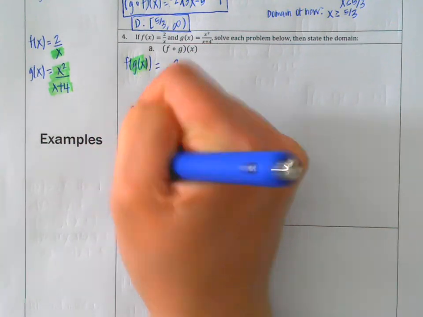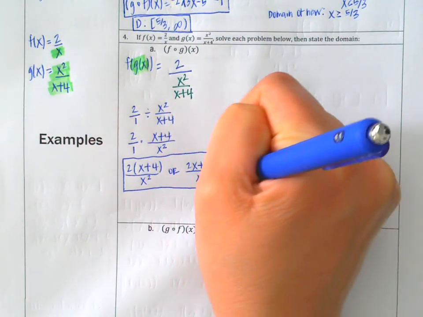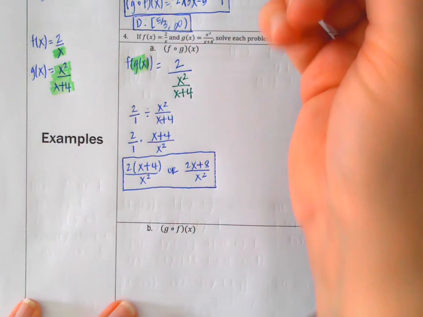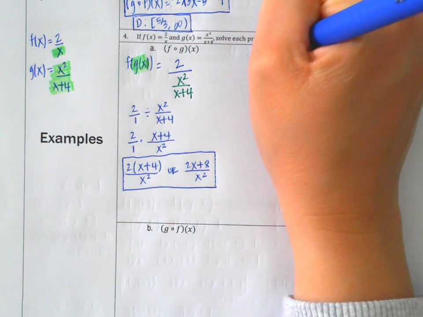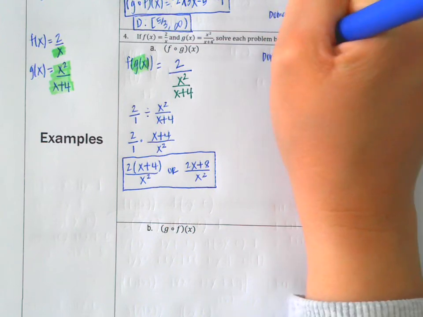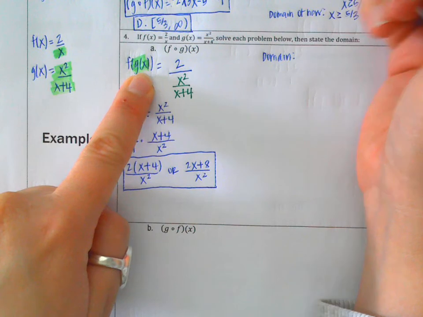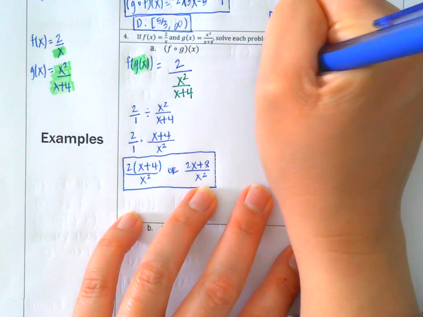I don't care which way you write it. Both answers are good. Okay, so now let's go into the domain. The domain, remember, is going to be 2 parts. First we're thinking of the domain of what was inputted. The inputted one was g of x, so we're first doing the domain of g of x.